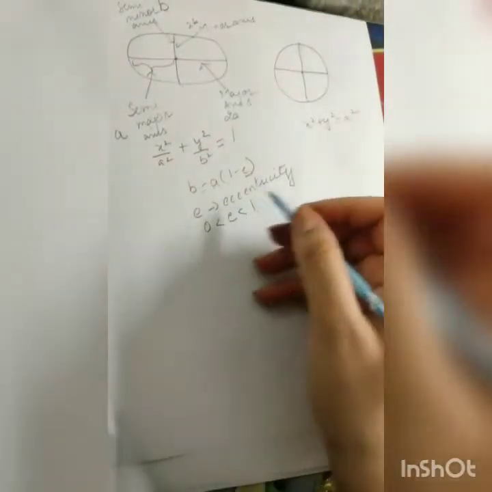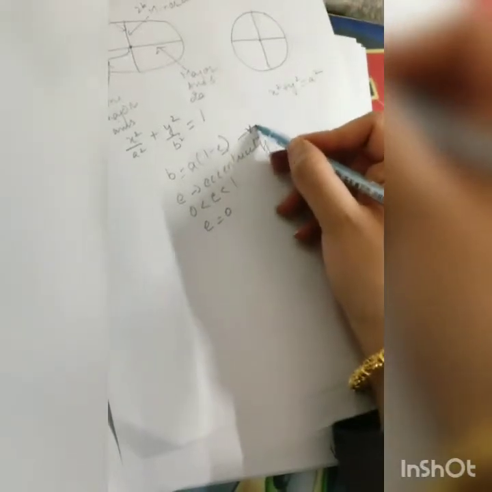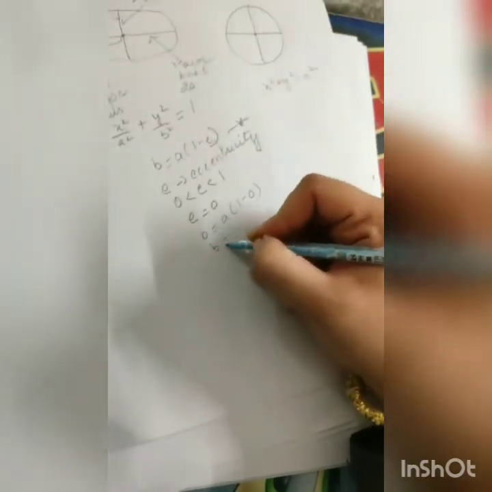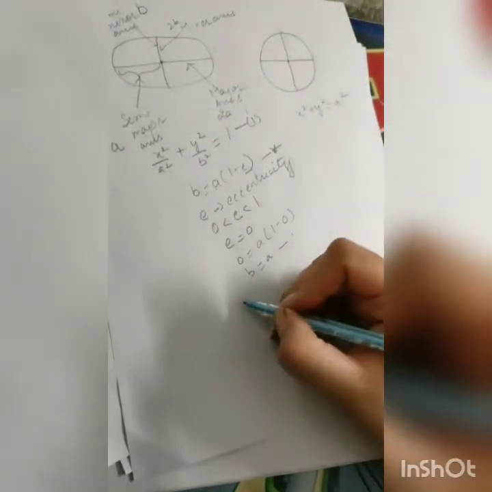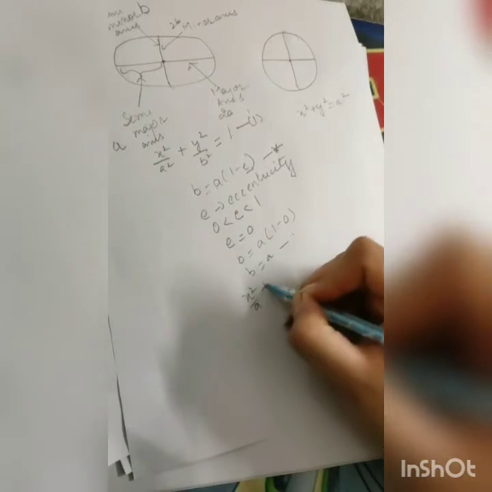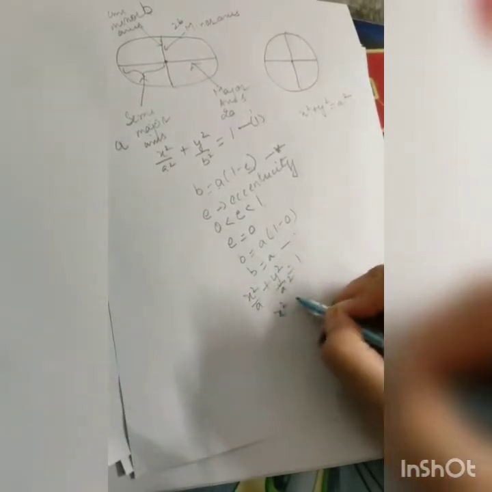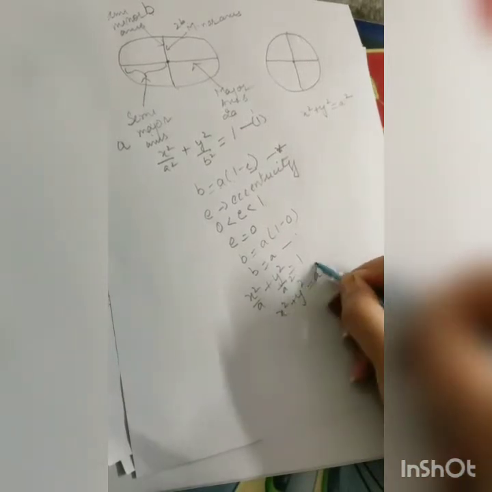Now, if e is equal to 0 and we put this value in our equation, then we get b is equal to a into 1 minus 0. That means b is equal to a. So putting this value in the equation of the ellipse, we get x square upon a square plus y square upon a square is equal to 1, or we can say x square plus y square is equal to a square.